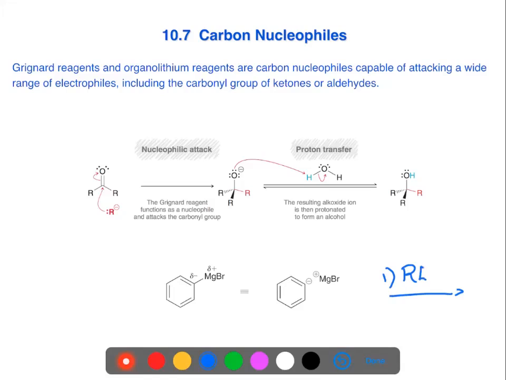So if we use the organolithium, it's reacted with our initial carbonyl-containing compound first, and then once we've ensured that we form our tetrahedral intermediate, we would then quench the reaction with our polar protic solvent, typically water.